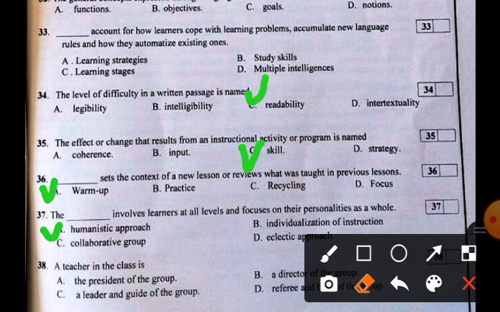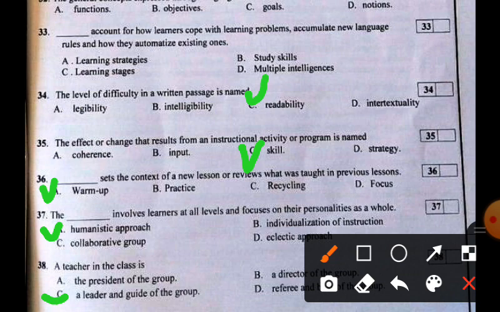38 question. A teacher in the class is: the president of the group, a director of the group, a leader and guide of the group, a referee, or the boss of the group. So this question is related to the teacher's role in the classroom. So C is the right answer, because a teacher shouldn't be a president or a boss or director in the class.